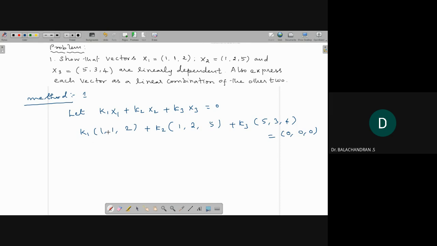Now, first I look next to k1: k1, k1, 2k1, plus k2, 2k2, 5k2, and then 5k3, 3k3, 4k3 equal to 0, 0, 0.